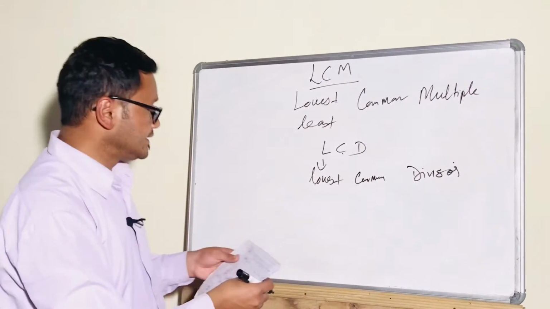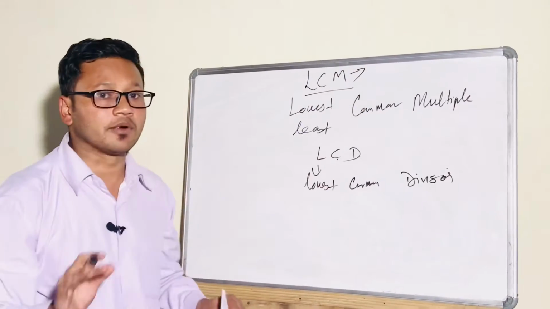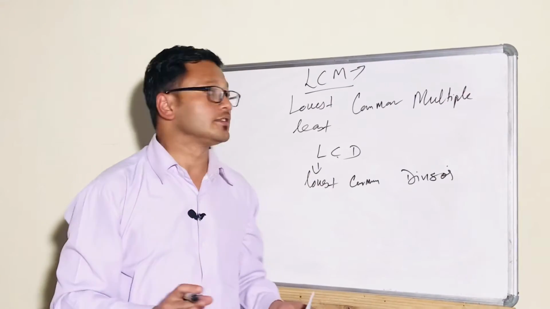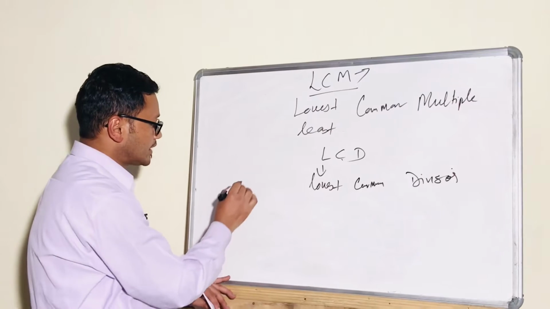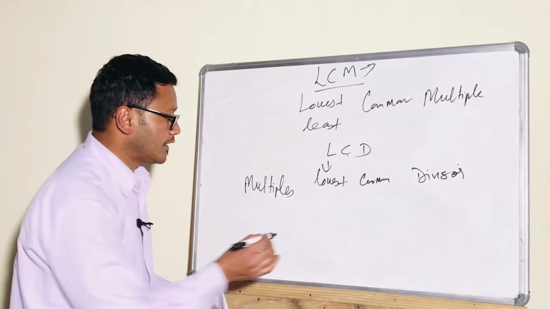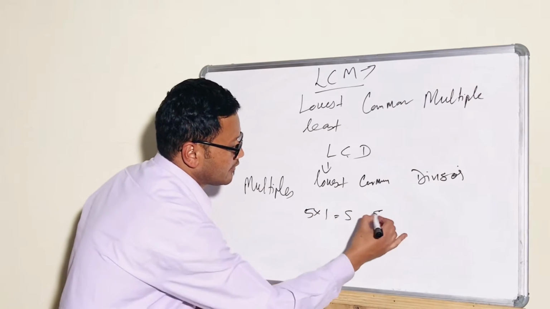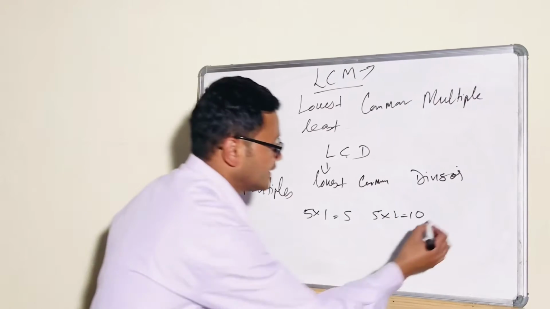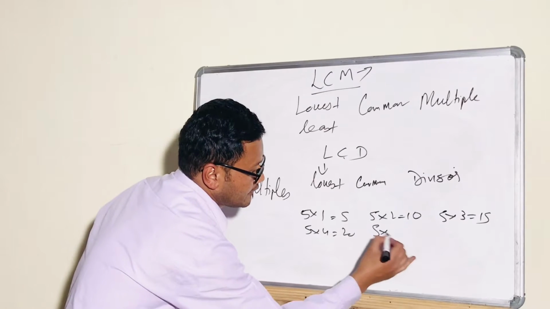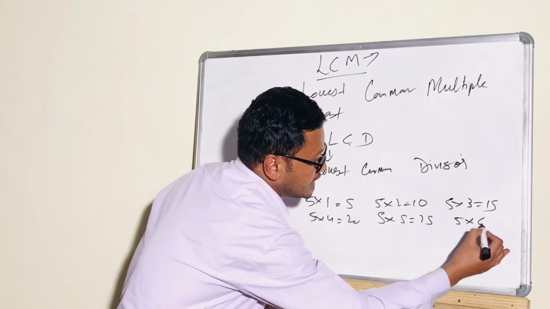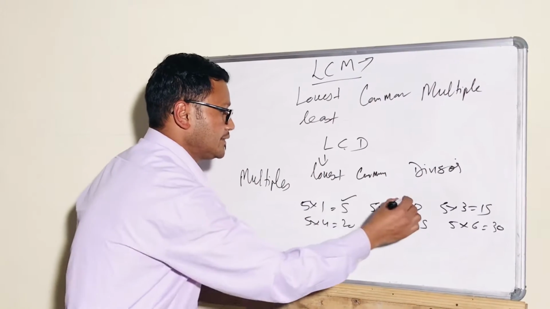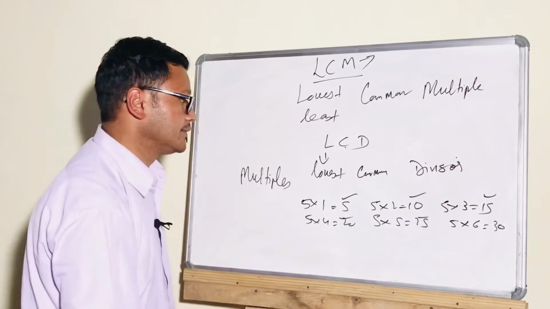Now, in LCM, first of all we must know the multiples. In my last video we discussed the factors and the product. Now, regarding LCM, we must know what multiples are. Don't be confused. If you take 5: 5 ones are 5, 5 twos are 10, 5 threes are 15, 5 fours are 20, 5 fives are 25, 5 sixes are 30.